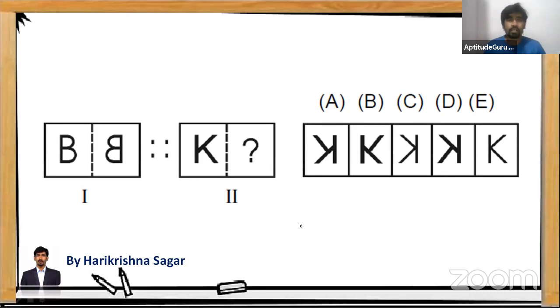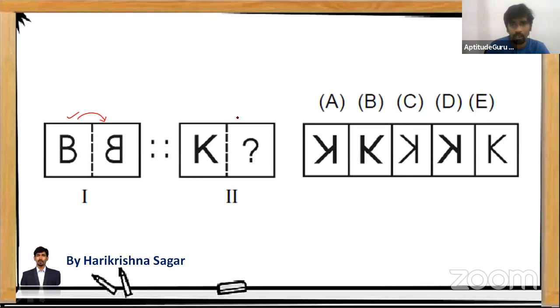Please observe what the answer to the question is. You can observe the pattern followed here. B is given in the first pair, and its mirror image is given.